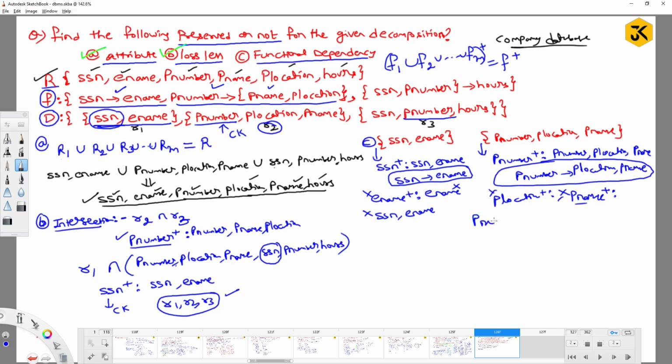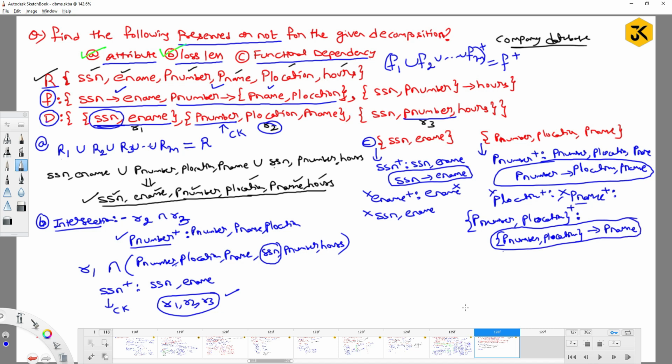Two-level attributes means the P number comma P location closure. If you find it, it is going to generate P name. So simply I can say that P number comma P location can determine P name. This is one of the FDs possible for us.